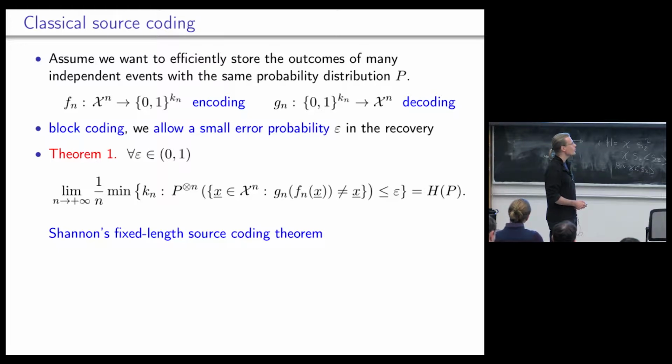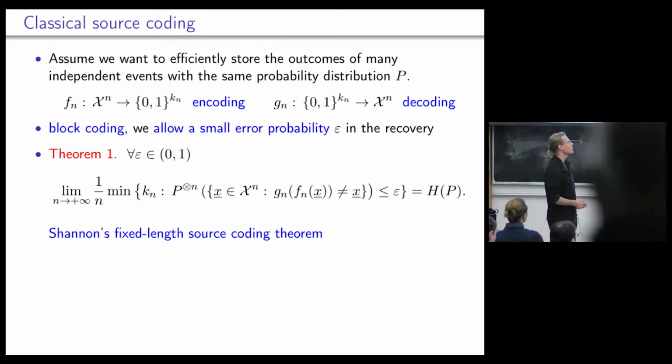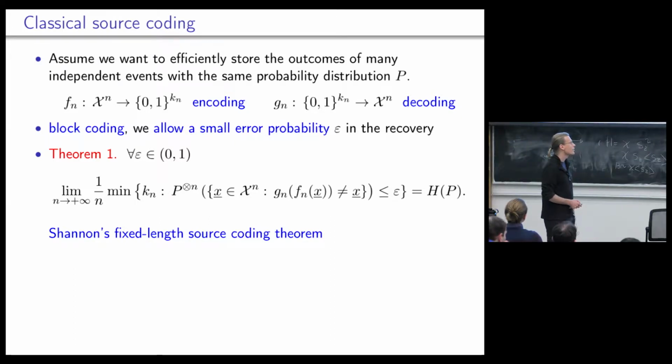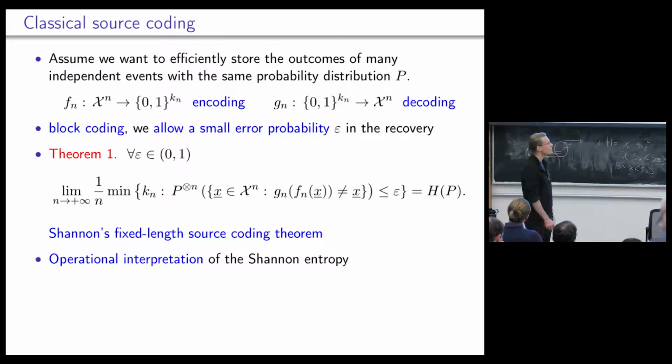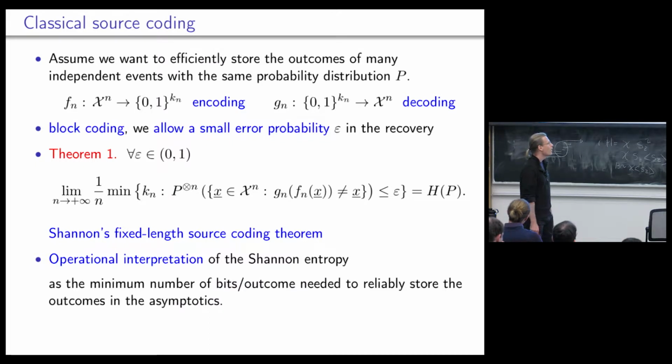And it turns out that if we allow the block length to be arbitrarily large, then the optimal bit length per symbol is going to be arbitrarily close to the Shannon entropy. So this is Shannon's fixed length source coding theorem, and this gives a so-called operational interpretation of the Shannon entropy. Okay. As the minimum number of bits per outcome needed to reliably store the outcomes in the asymptotics.